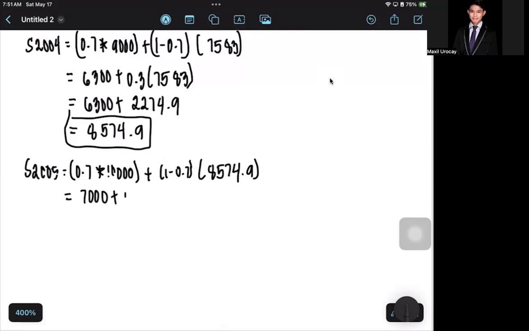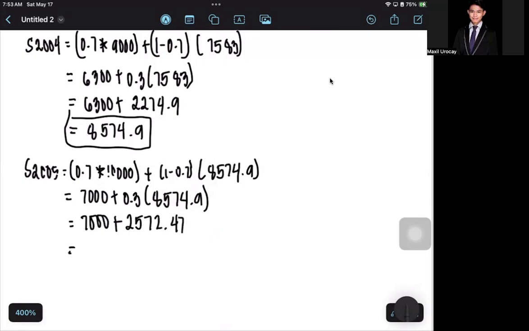Plus 0.3 times 8,574.9. That equates to 2,572.47.